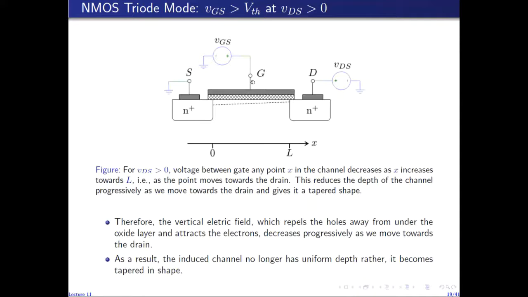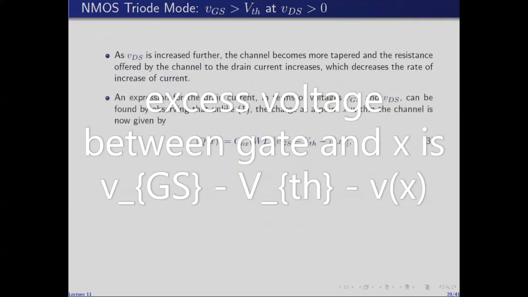So previously, the voltage between the gate and any point along the channel was fixed at VGS minus V threshold. Now the voltage between the gate electrode and a point in the channel is not fixed anymore. So it is given by VGS minus V threshold minus Vx.